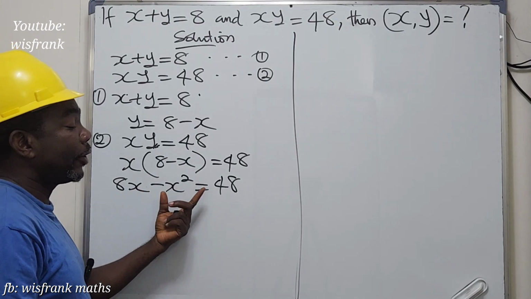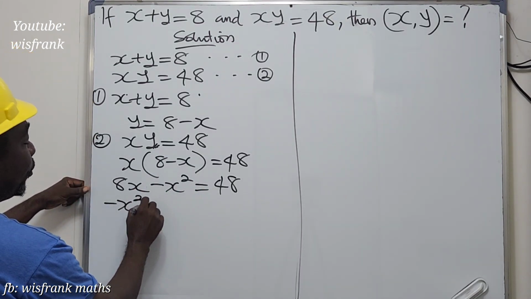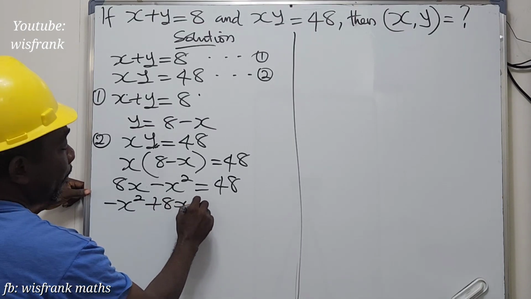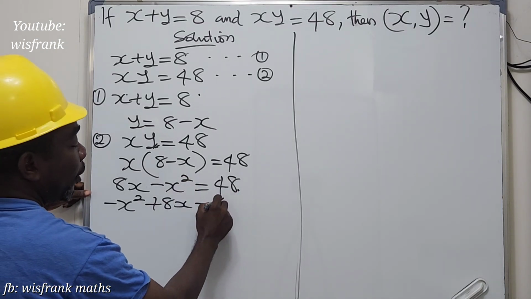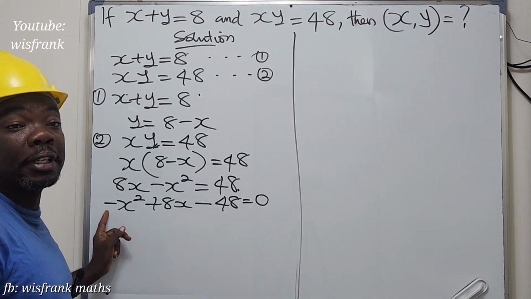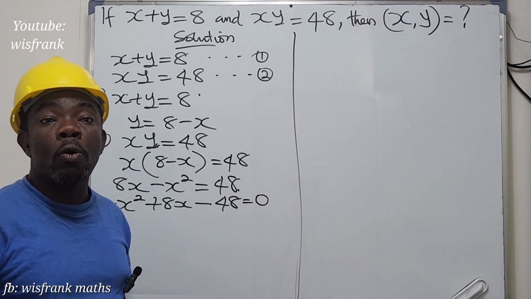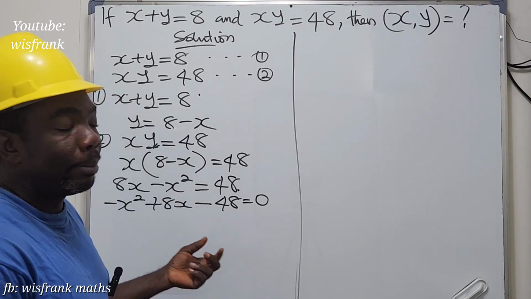So here we can rearrange this. This is the same thing as minus x to the power of 2 plus 8x minus 48, because when 48 is transposed to the other side, it becomes minus 48, all equals 0. We have a negative sign here, so we can multiply all through by minus 1, or divide all through by minus 1.